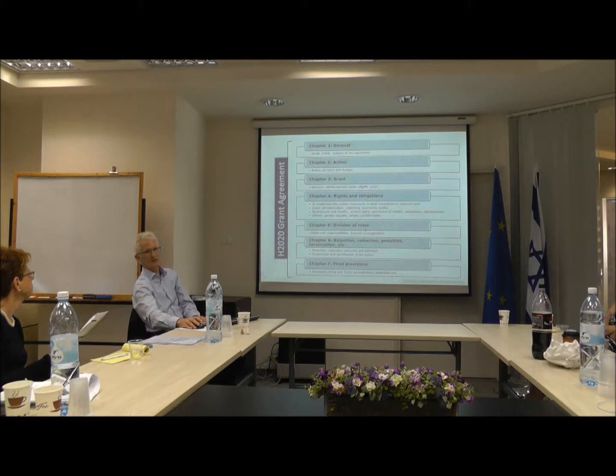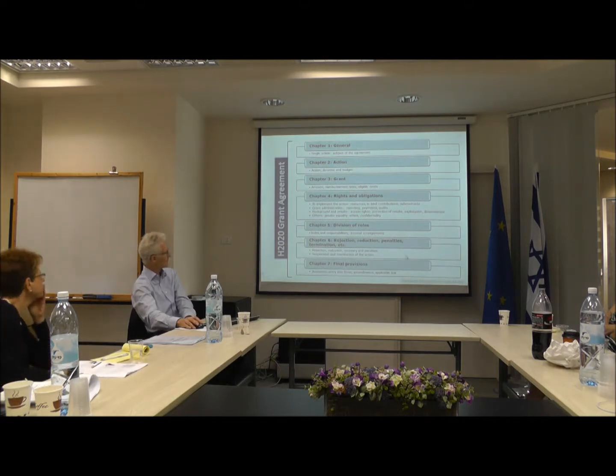Chapter 5 describes who is responsible for what: commission, coordinator, consortium, partners, internal arrangements. Chapter 6 is obviously the nasty part, where it's about rejection, reduction, penalties, termination. So hopefully you will never be concerned by Chapter 6, and Chapter 7 is just entry into force and applicable law things.